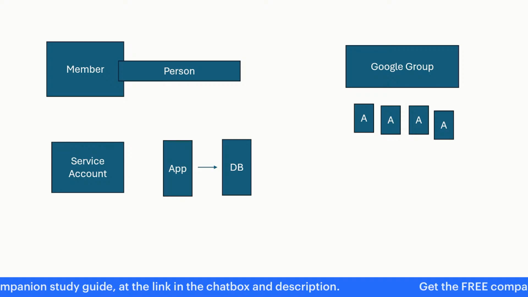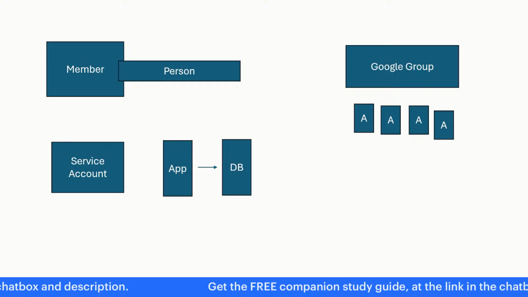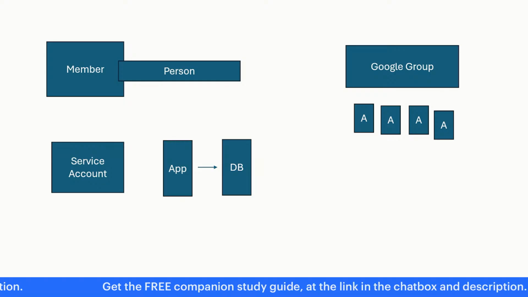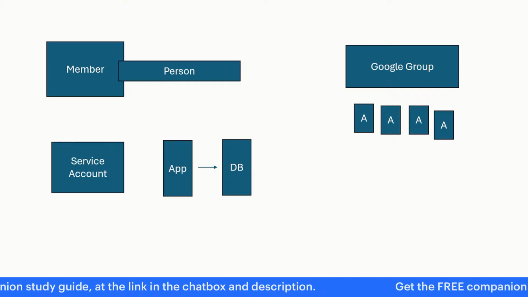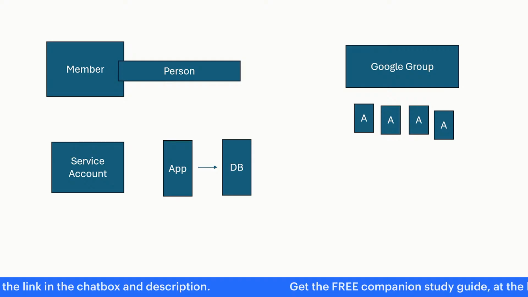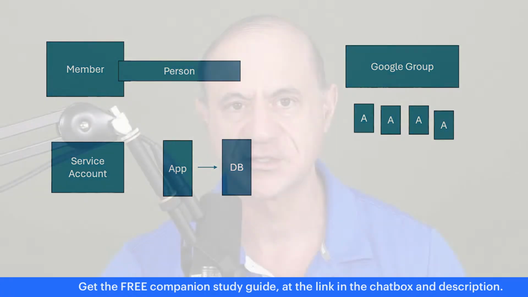So the key here from a management perspective is to apply principles like separation of duty and least privilege, and to ensure oversight and management. So whether it's a person that we're dealing with, a group, or a service account, we don't want to apply more access than is necessary.